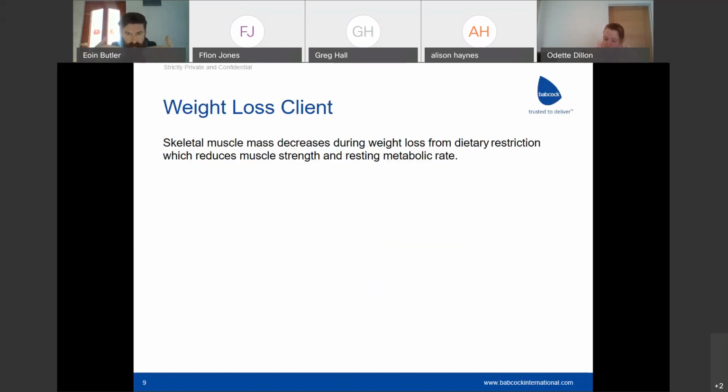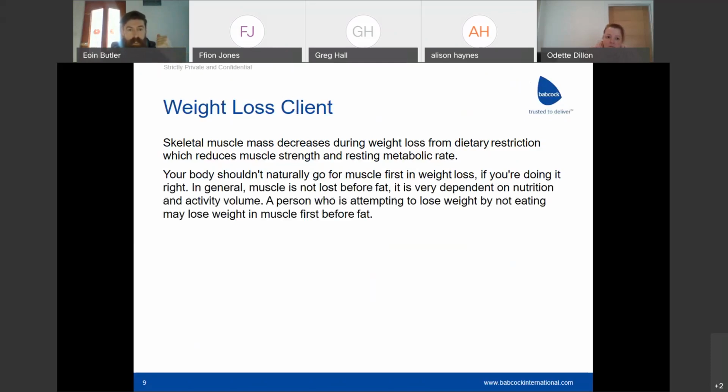Your body shouldn't naturally go for muscle first in weight loss if you're doing it correctly. In general, muscle is not lost before fat. It is very dependent on nutrition and activity volume. A person who is attempting to lose weight by not eating may lose muscle first before fat. So it's important that somebody who wants to lose weight does activity as well as look at their nutrition.